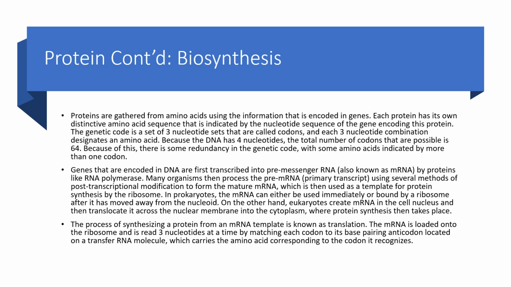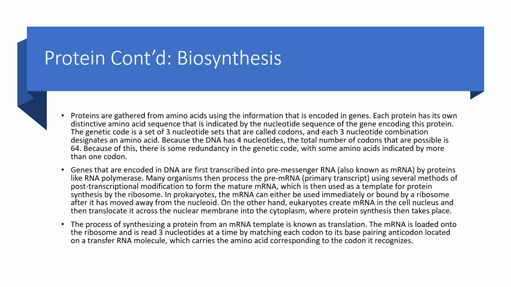Proteins are gathered from amino acids using the information that is encoded in genes. Each protein has its own distinctive amino acid sequence that is indicated by the nucleotide sequence of the gene encoding this protein. The genetic code is a set of 3 nucleotide sets called codons, and each 3 nucleotide combination designates an amino acid.